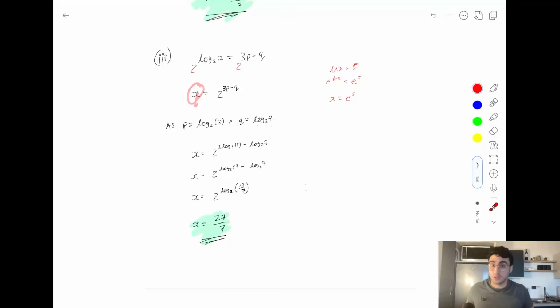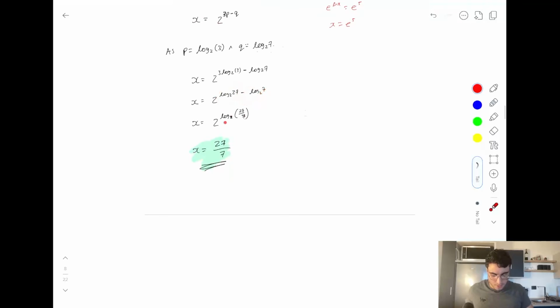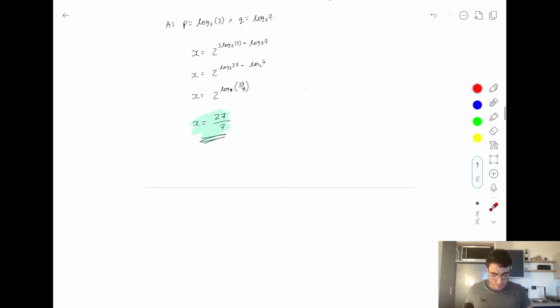In this case, it was x. Then we just plugged in p and q, applied our log rules. 3 goes over to get 27 there. So log 2 27 minus log 2 7. 2 to the power of log 2 27 over 7. So x is equal to 27 over 7 as your final answer.